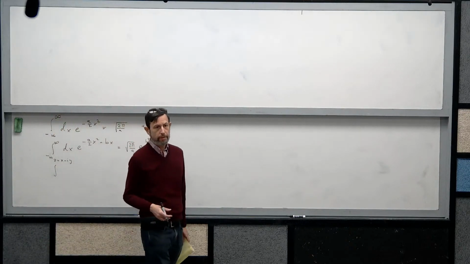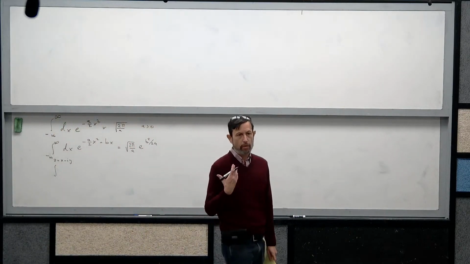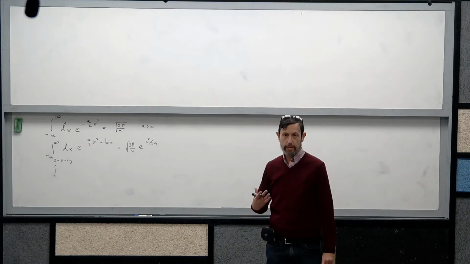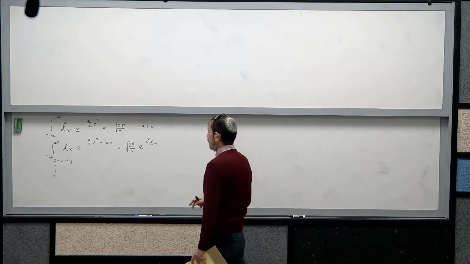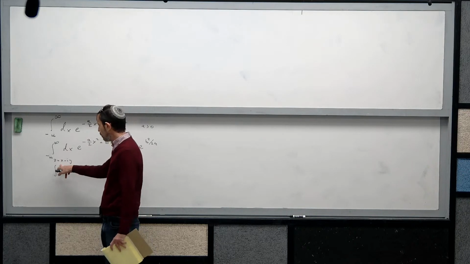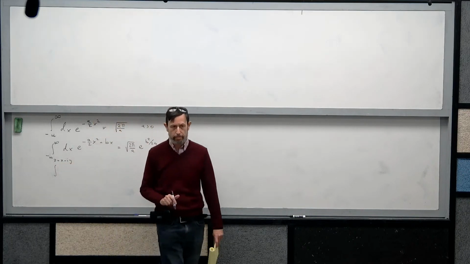If we have a Gaussian integral over z, where z is just a complex variable composed out of a real and imaginary part.